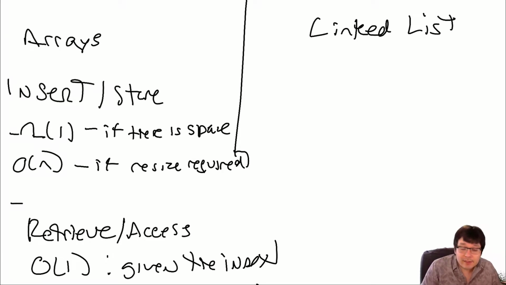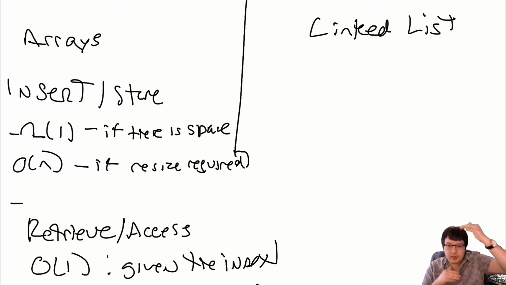On the side of accessing though, searching, of course, can take n time, or if the array is sorted and you use binary search, then you can lower that down to log of n time. But in general, we also like to say that accessing information on an array is O of 1, because if we want to access the nth element, we can just put in the index and we get it, because of how pointer arithmetic works and how arrays are stored in C++, which are basically just contiguous blocks of memory.